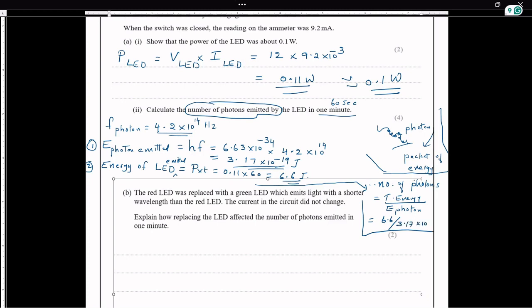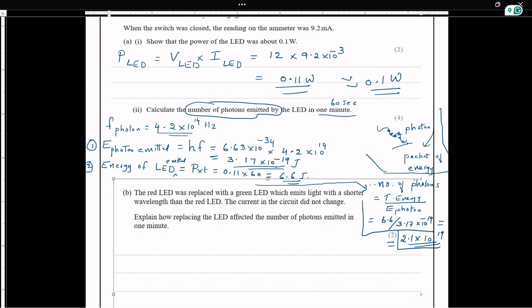times 10 to the power of minus 19, and this is giving an answer for the total number of photons emitted per minute. It is 2.1 into 10 to the power of 19 photons. Sorry about that, there is no place.